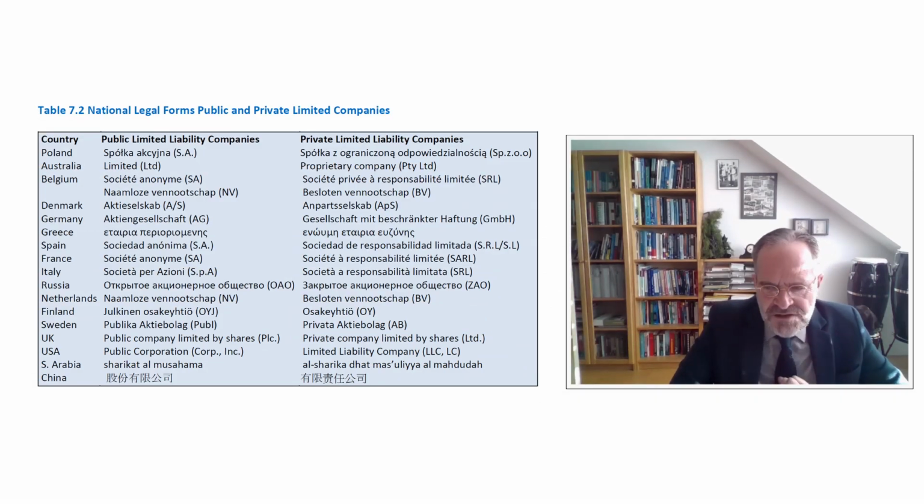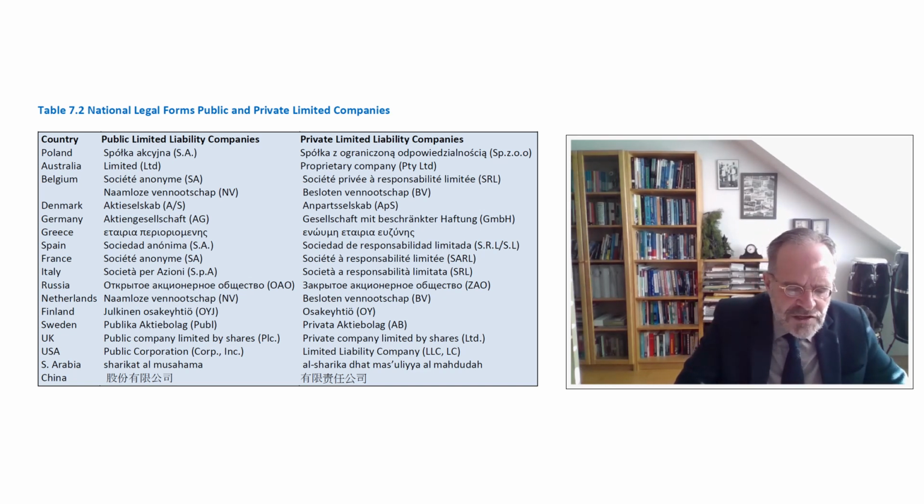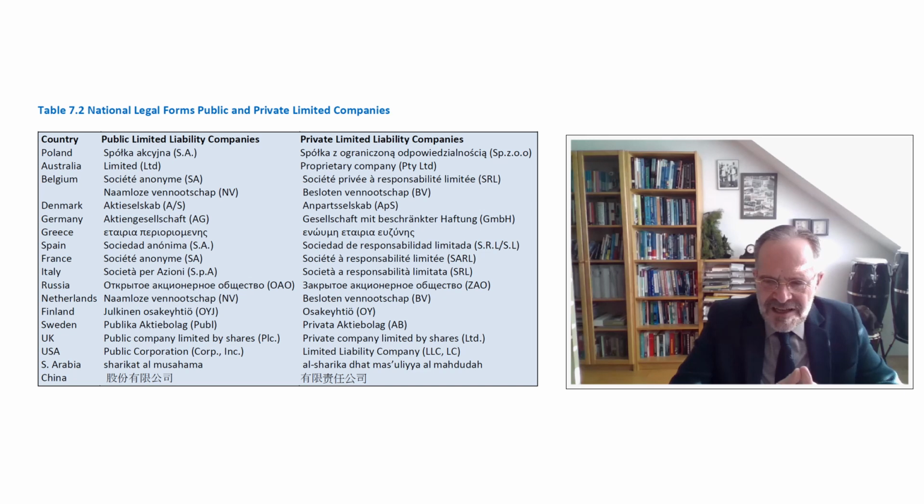If you look at this list, you see some examples of basically the same legal form, the same legal concept, but labeled, named, designated completely differently. This should make you aware of the fact that when you understand the principles of legal persons well, it will help you in assessing what exactly that foreign counterpart is.